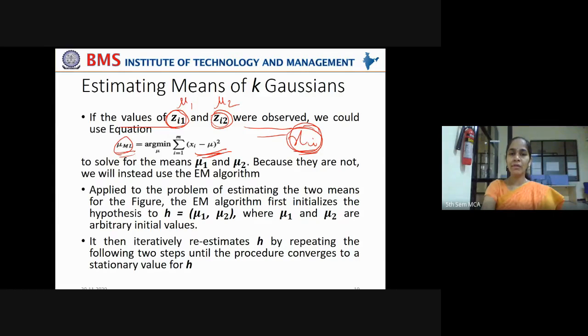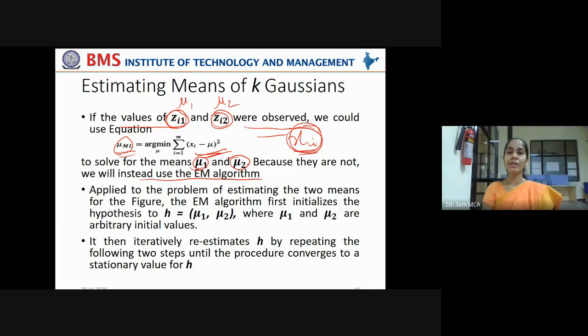Okay, to solve for the means, you can easily calculate mu1 and mu2 if zi1 and zi2 are known. Because they are not known, we will instead use the expectation maximization algorithm. I think the problem is now completely open for you.